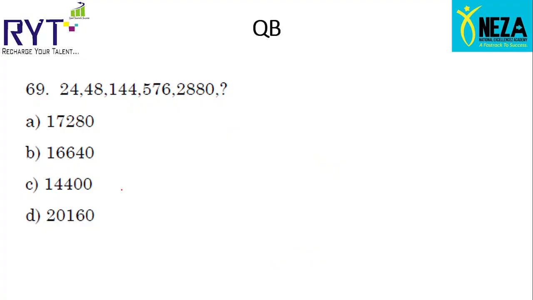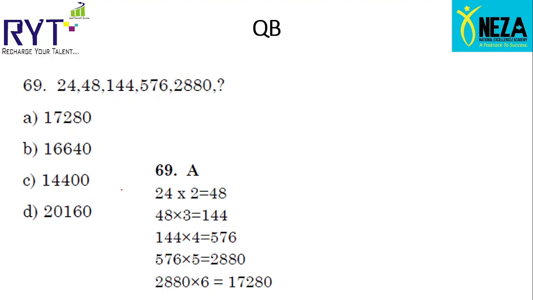24, 48, 144, 5, 7. Again getting multiplied. You observe carefully. 24 into 2, 48, 48 into 3, 144, into 4 we get 576, into 5 we get 2880. When I look at the trend, it is into 2, into 3, into 4, into 5, into 6.